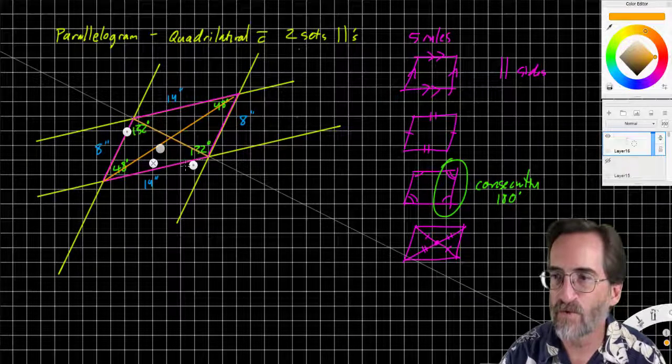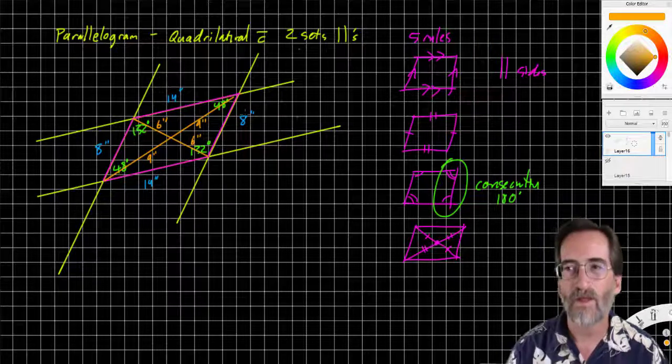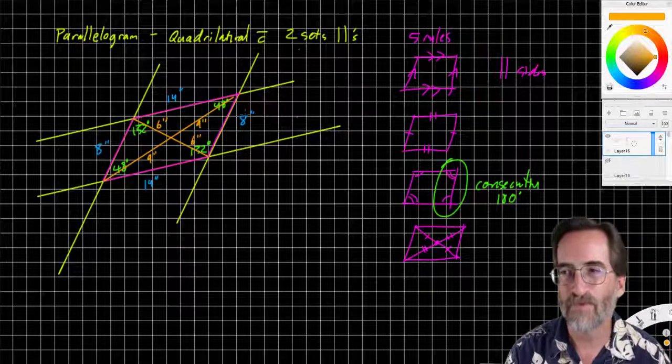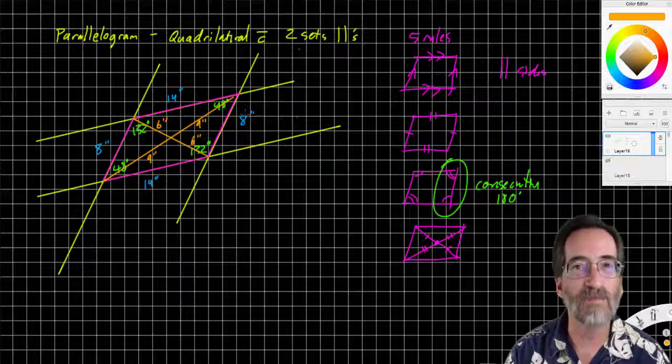Okay, we know those are split in half. So let's say this is 6 inches, then this is also 6 inches. If this is 9 inches, then this is also 9 inches. Okay, because the midpoint of both diagonals are the same. So those are some of the rules or properties of parallelograms.